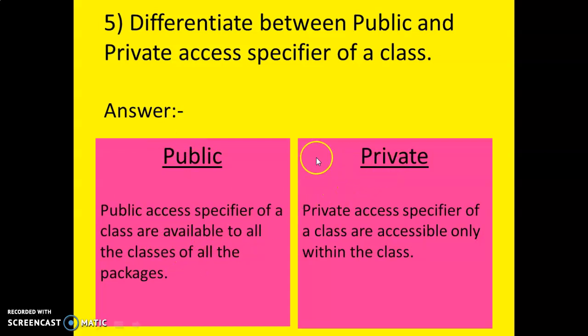But if you mention private, then it is not accessible by the other classes. Only within that particular class you can use it, like within that particular family you can use a private car. So only within that particular class you can use or access it, but not from any other class. But a public class is accessible for all other classes also.